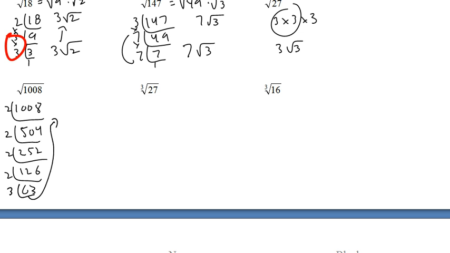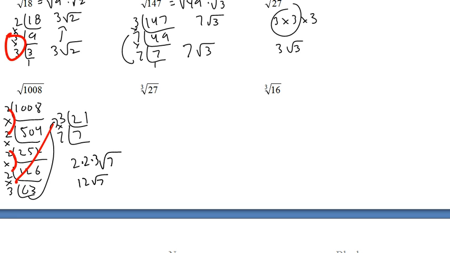So I divide by 3, I get 21. I divide that by 3, I get 7. And then the only thing I can divide by is 7. So 1008 is the same as 2 times 2 times 2 times 2 times 3 times 3 times 7. So I have 2 2's there, 2 2's there, and 2 3's there. So on the outside I'll have 2 times 2 times 3, and I'm left with root 7 on the inside, so that's 12 root 7.